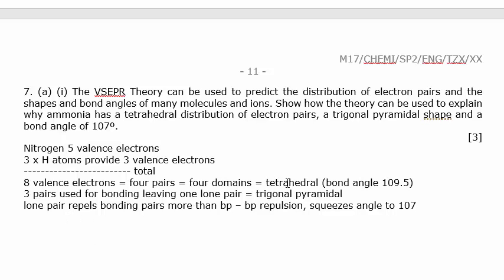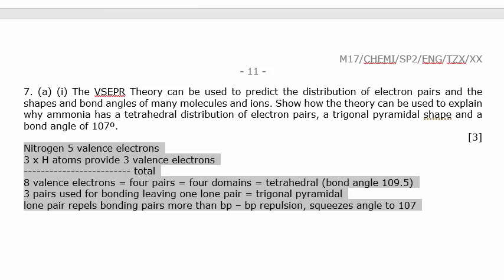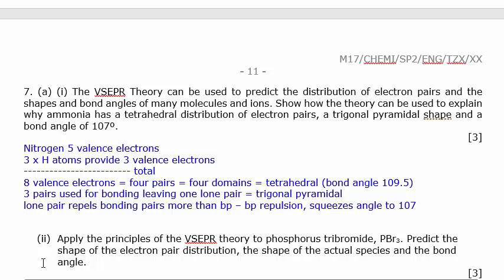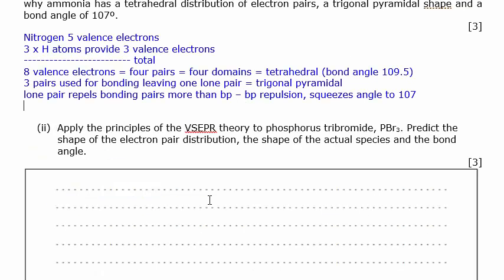Alright, so that's our full explanation. So we've explained why we've got the shape from the number of valence electrons, the electronic organization, the molecular shape, and the final result of the lone pair repulsion.